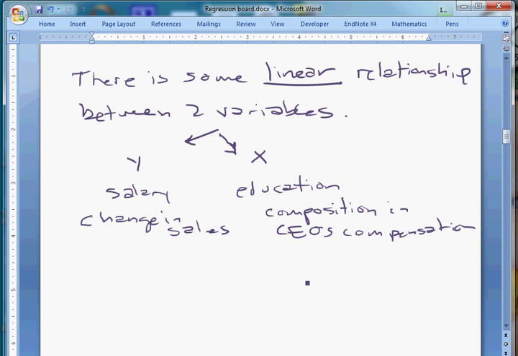Anytime we have variables like this that we want to look at, we can use a model to analyze this, and we can use regression to get at what's really going on. All right, so I'm going to stop it there. I'll come back and we'll look at how a change in sales might affect the composition of a CEO's compensation.